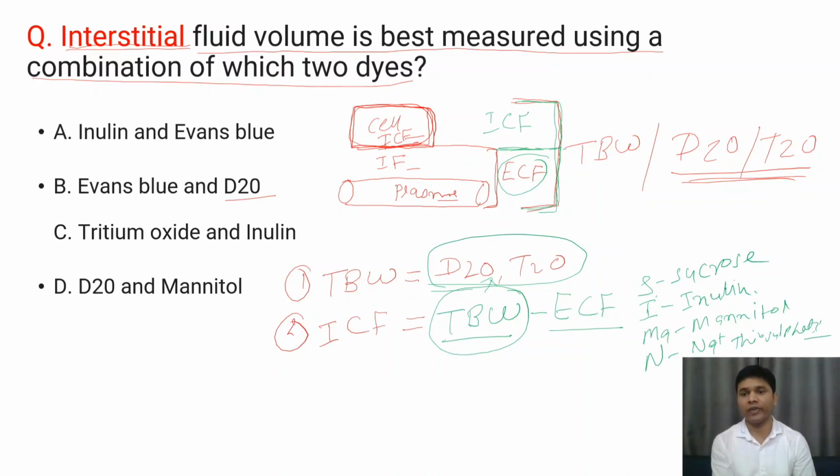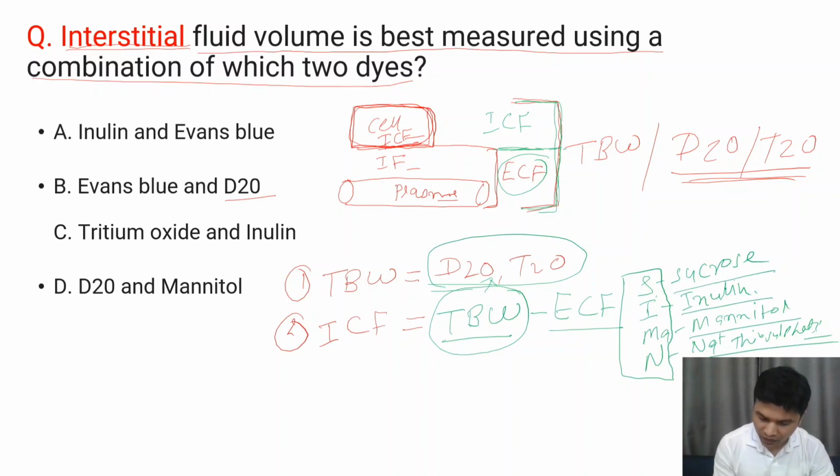These are the things we can use for the extracellular fluid calculation. S for sucrose, I for inulin, M for mannitol, and then sodium thiosulfate. Total body water by D2O and T2O, so you will get intracellular fluid volume easily.